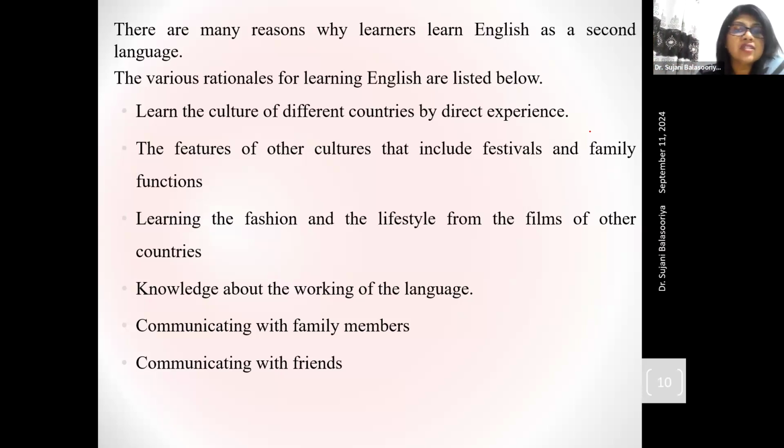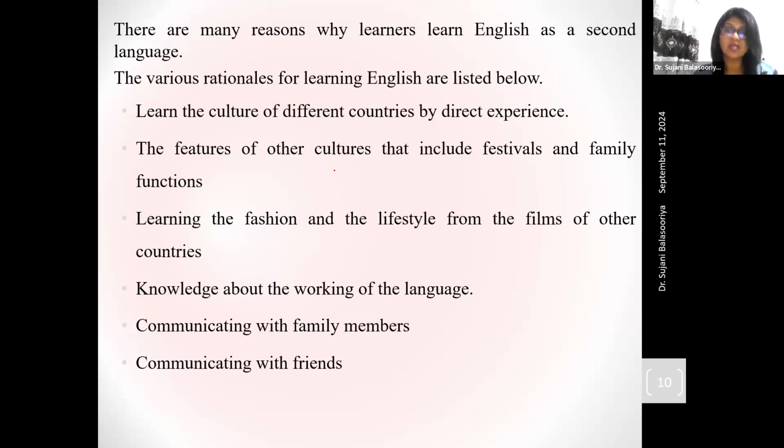Other one, the features of other cultures that include festivals and family functions. So this is also related to culture actually. Most of these points are related to culture. Culture is a very broad term, because there are so many things included in a culture: the customs, behavior patterns of people, clothing patterns, food habits, etcetera.